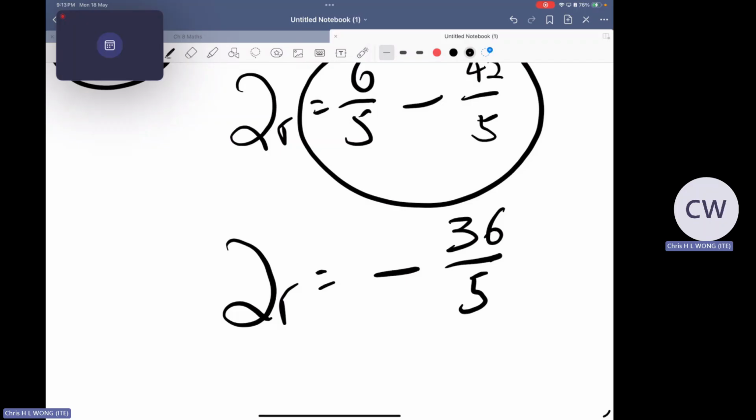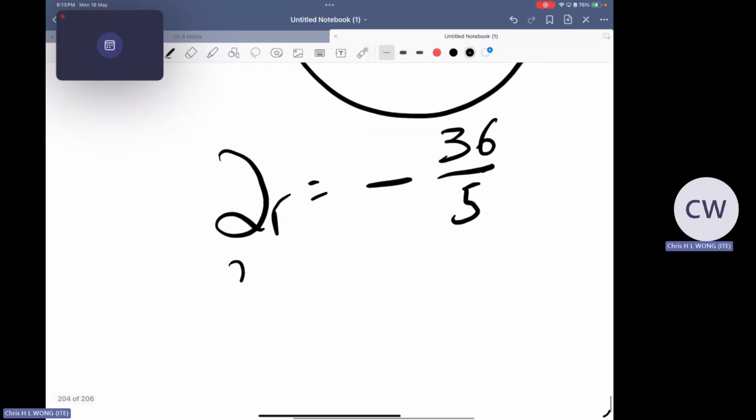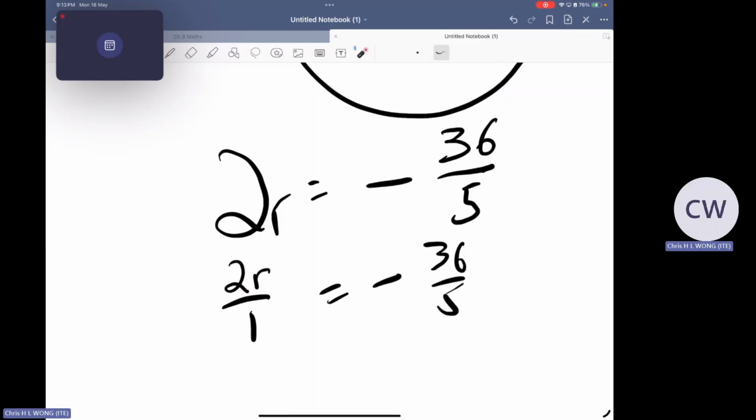Opposite, always opposite, yeah. So 2R over 1 is the same as minus 36 over 5. Cross multiply, bring the 2 over, so it becomes below.